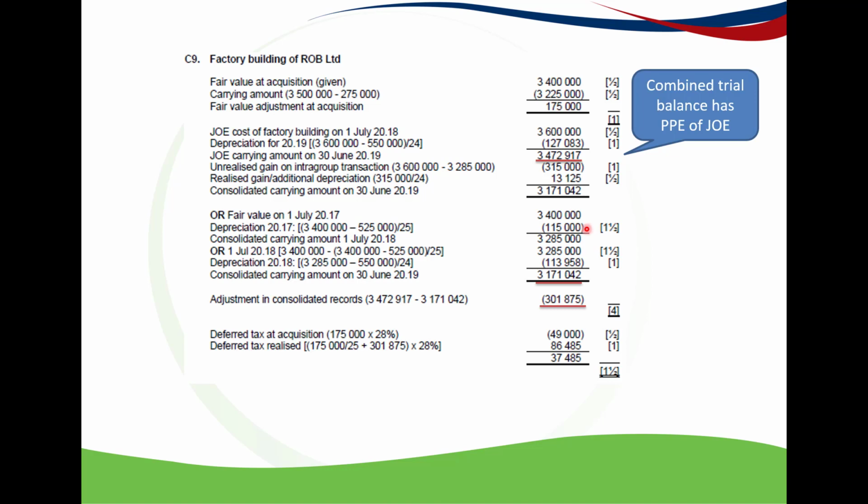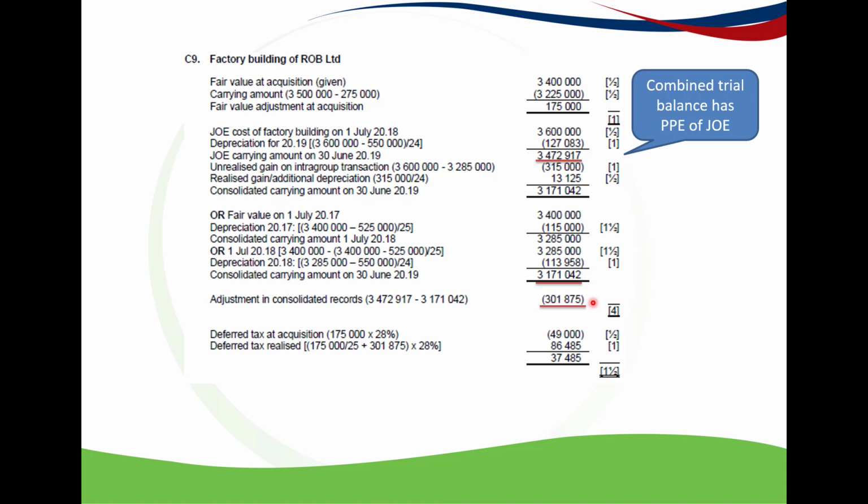Then, less the depreciation for 2017 and less the depreciation for 2018, we get to a consolidated carrying amount for the building of 3,171,042. So on our combined trial balance, our starting point for the consolidation, we have the factory building at this amount, but it should be at this amount.